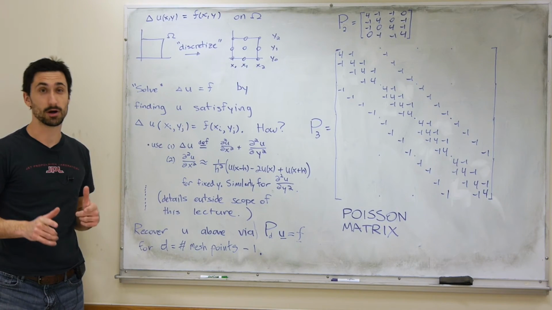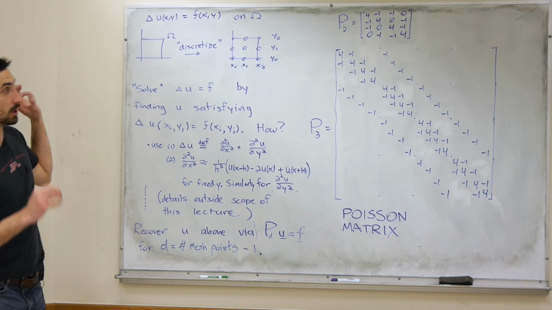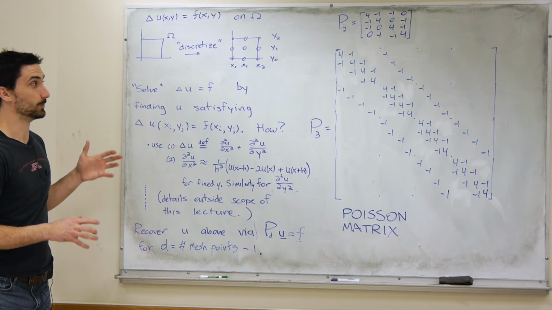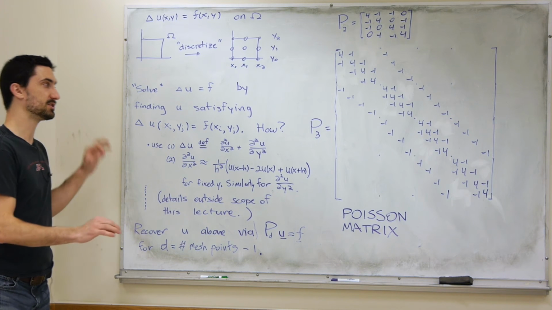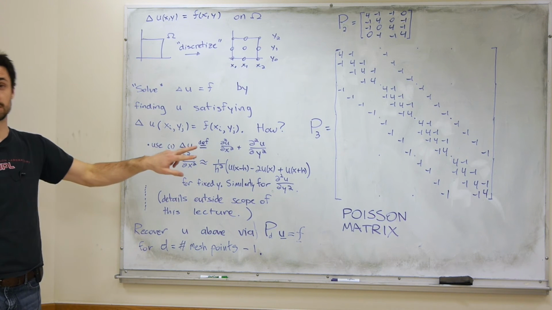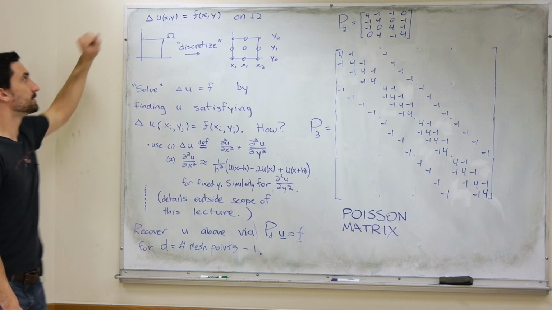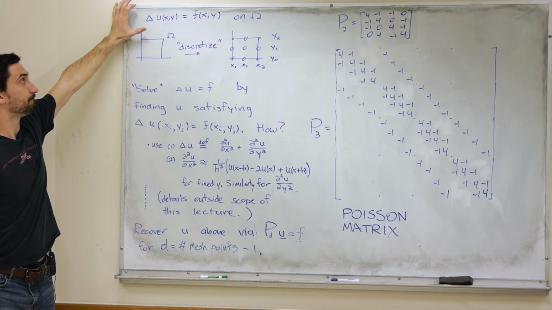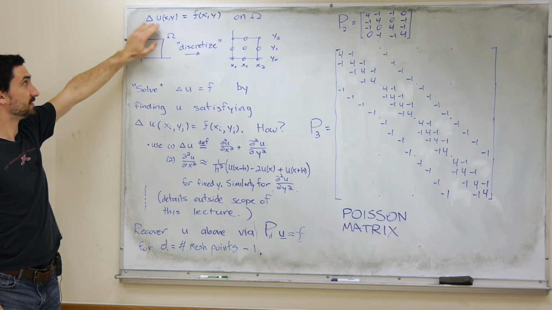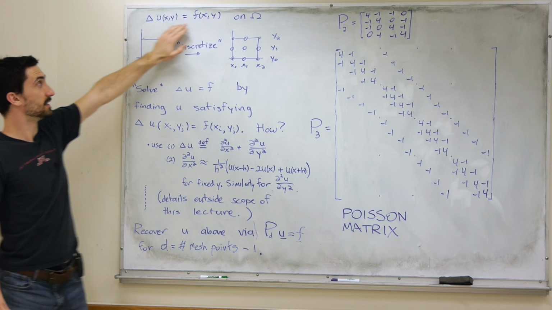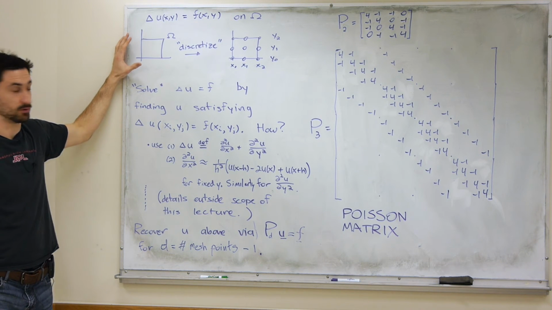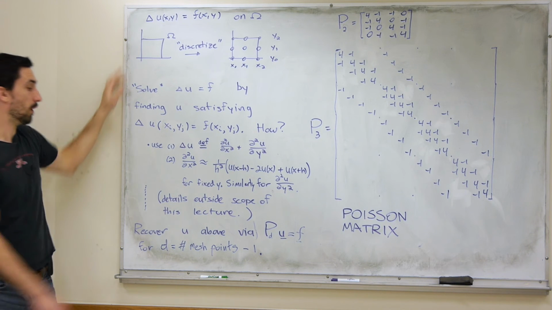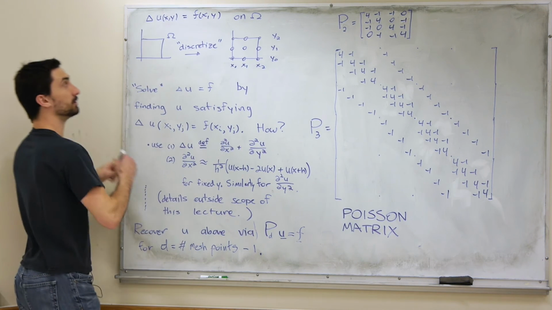Now that we actually know what the Kronecker product is, we're going to return to the Poisson matrix and look at how we can think of it in terms of Kronecker products. Before we get into that, just a little bit of background on where this is coming from. So this differential equation, we're taking the Laplacian of some function and saying that it's equal to some other function on the unit square, 0, 1 squared, in the real plane.